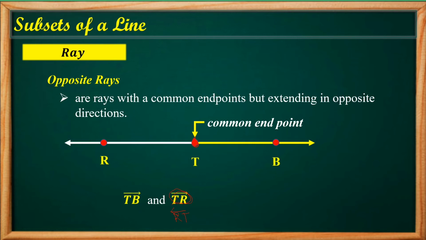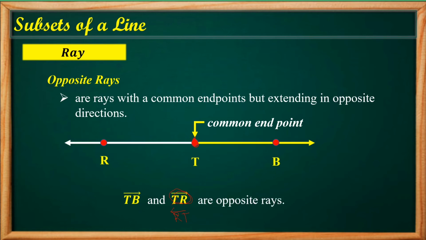Now, on this part naman, sir, papunta kasi sa left. Kaya yung symbol ko sa ibabaw papunta sa left. Okay. Siguro, sa ibang teachers, tatanggapin nila, pero sa akin, hindi ko yan tatanggapin. Okay? In writing the proper, the symbol of the ray is going to right, then the endpoint and another point of the ray. Okay, that is the opposite rays.